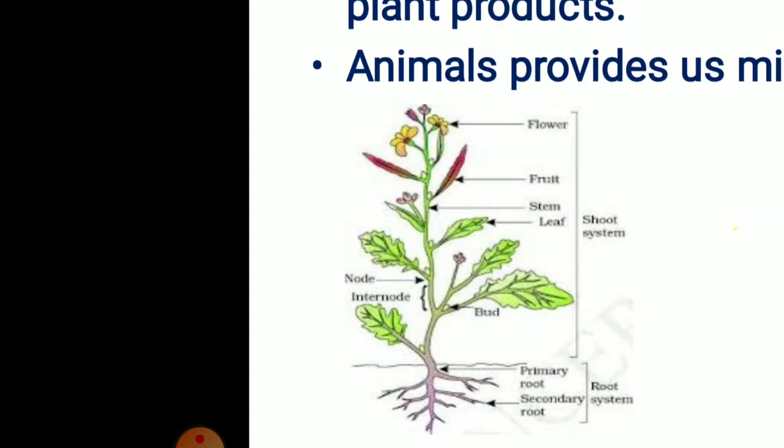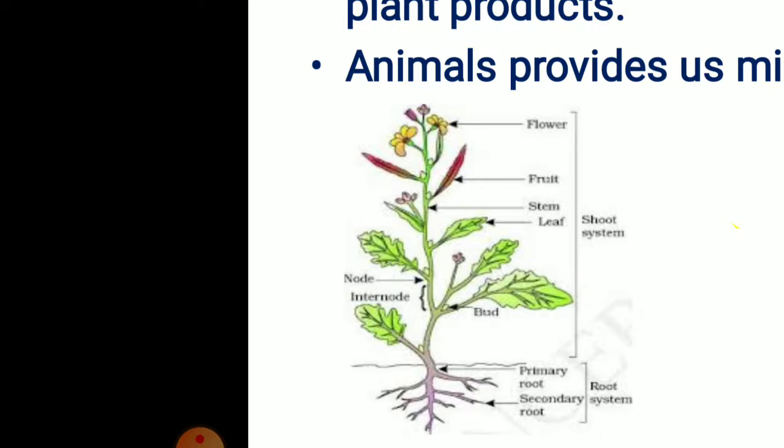Okay, we'll take some examples. Mango is a fruit, brinjal is a fruit, and they are used as our food. Tulsi leaves are used for medicinal purposes. It's a medicinal plant and its leaves are used for treatment of cough and cold.